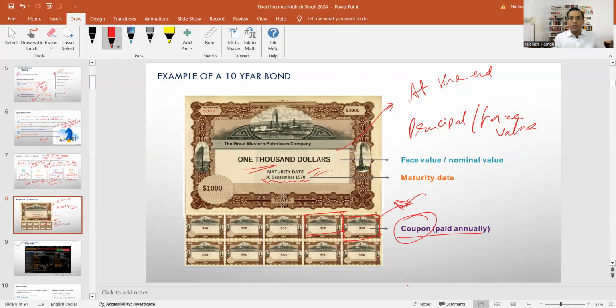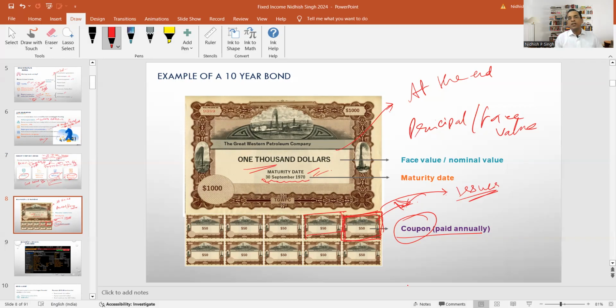So every time, the owner of the bond would take one stamp, give it to the issuer, and ask for the coupon. This is what it depicts.